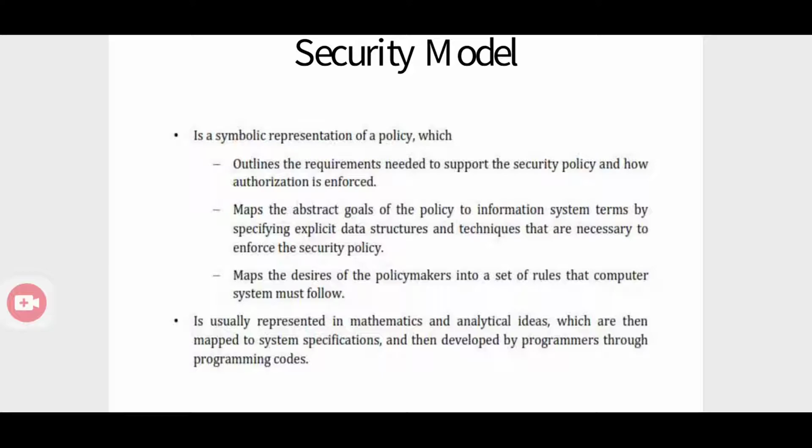Also, it maps the desires of the policy makers into a set of rules that a computer system must follow.